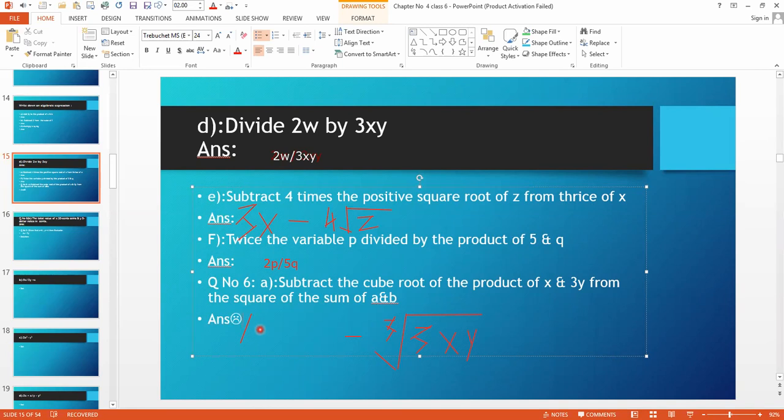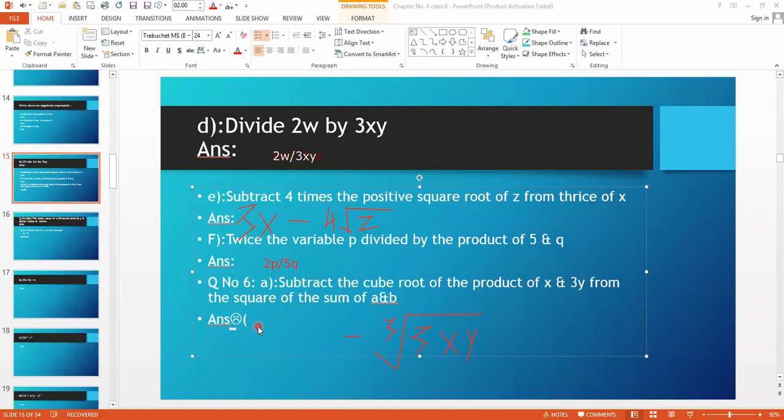Let me erase this. Put the bracket. They are saying we have to add a and b.